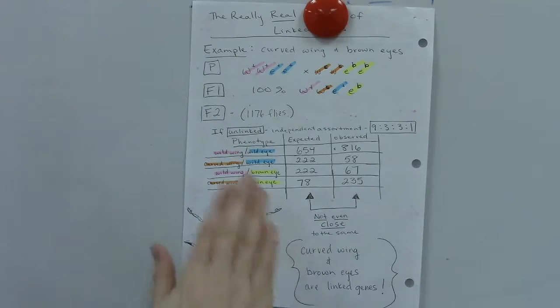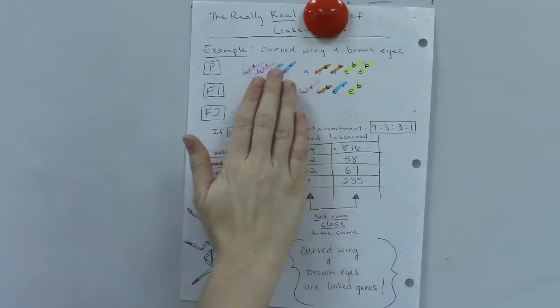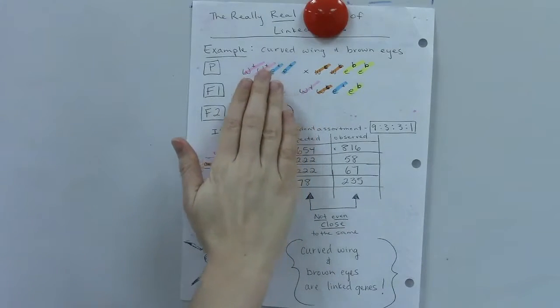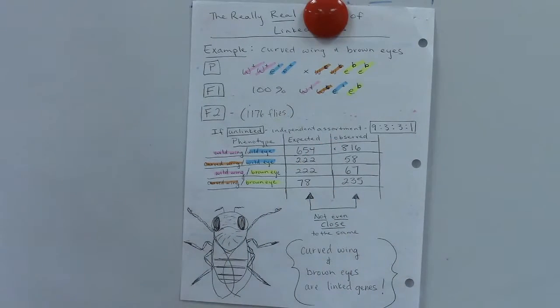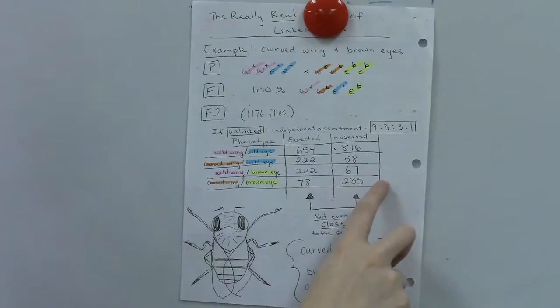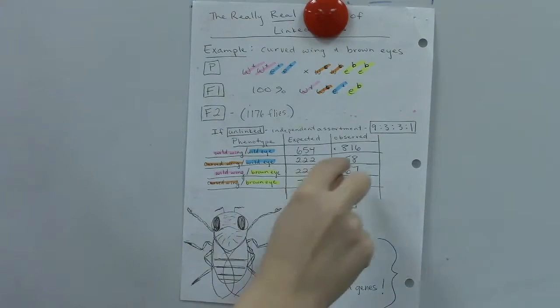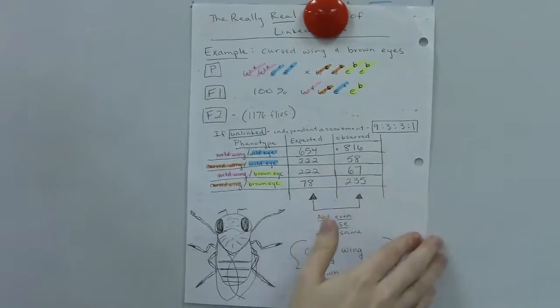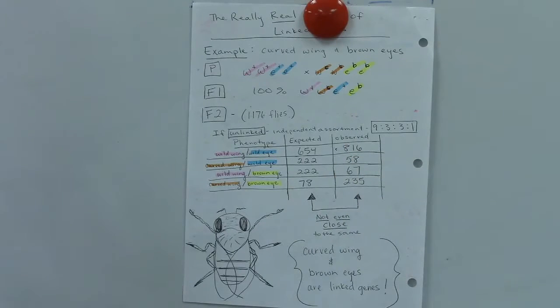So what these numbers show us is that A, they're probably linked because this number and this number look a whole lot like 75%, 25%, but not only are these linked, but crossing over has occurred, otherwise we wouldn't have been able to get these small groups of flies.